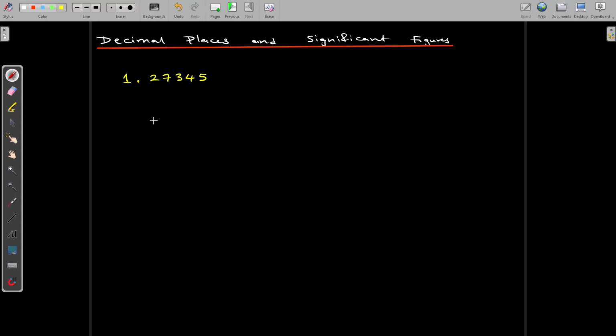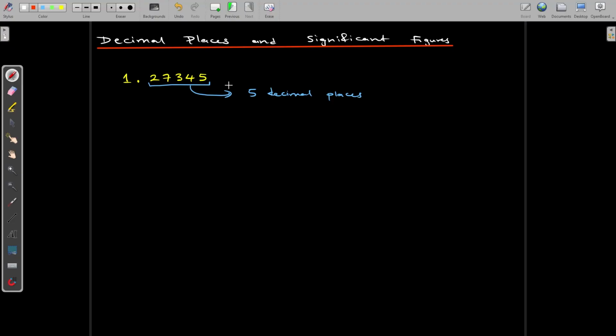And I ask you, how many decimal places are there in this number? What would your answer be? 5. How did you get 5? So we have 5 different numbers after the decimal point. So this would have 5 decimal places.